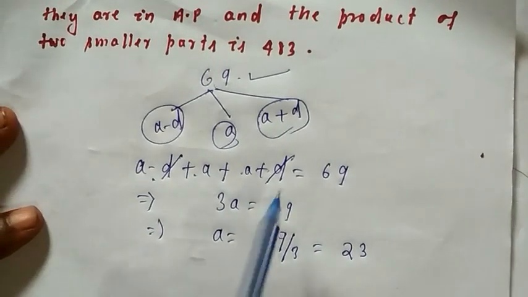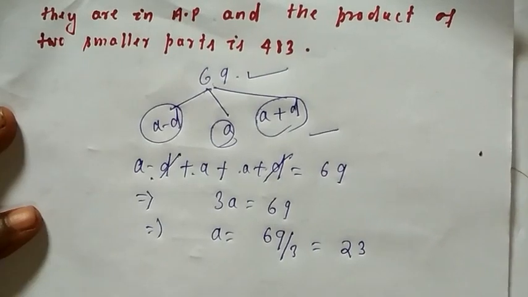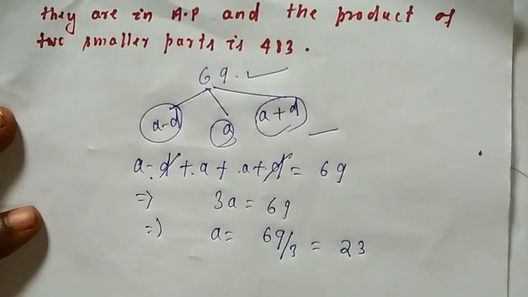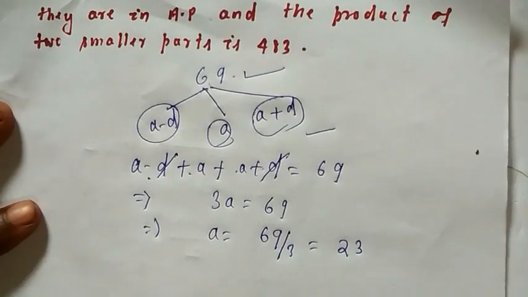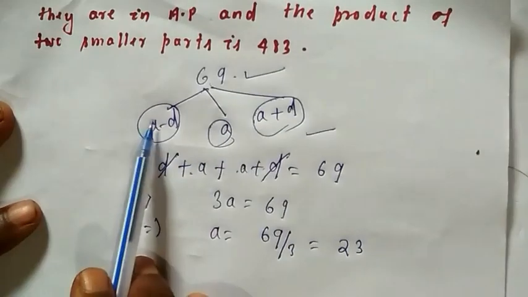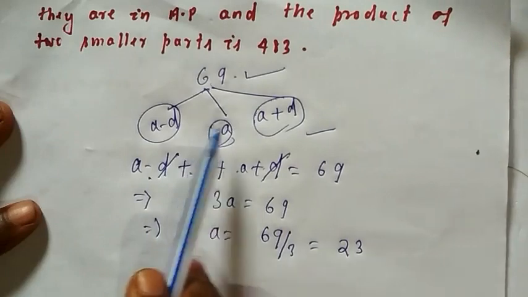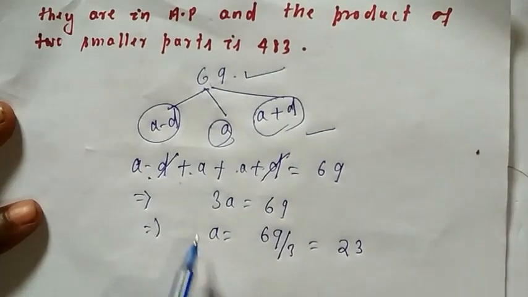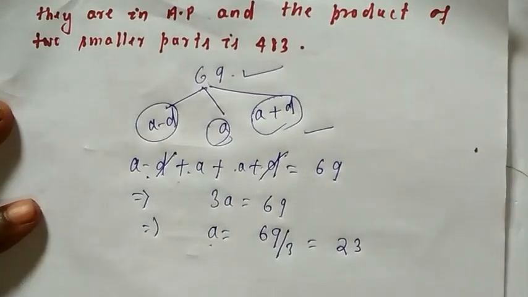That's why we take the 3 terms both positive and negative. If we take all positive, suppose A, A plus D, A plus 2D, can you eliminate one variable here? No, you can't. So for our convenience, we take these 3 parts.